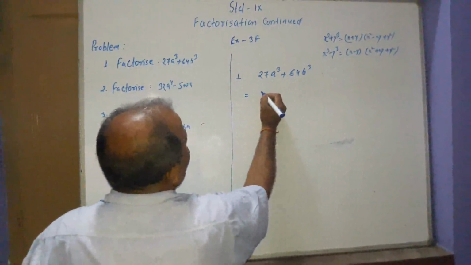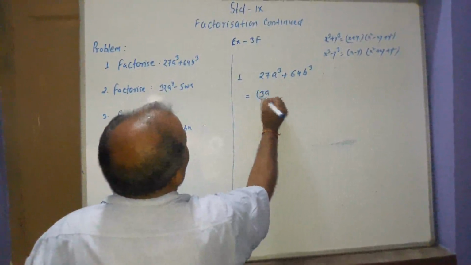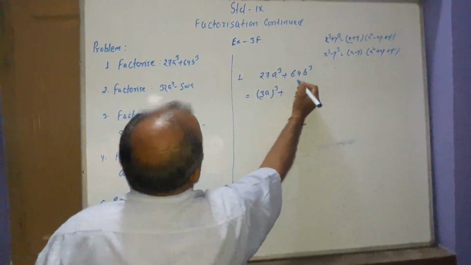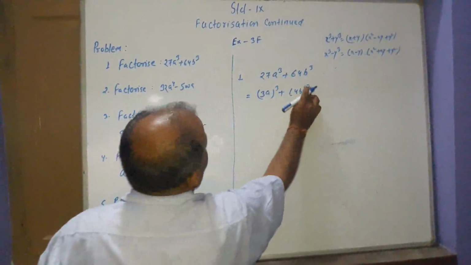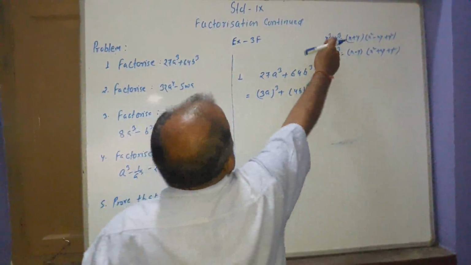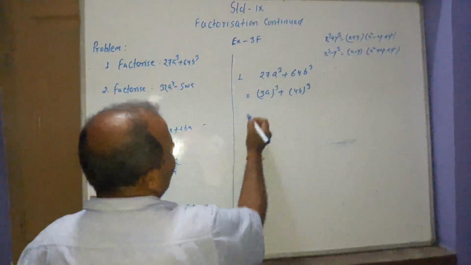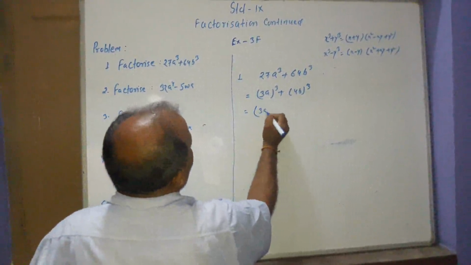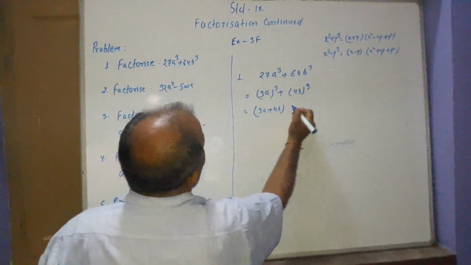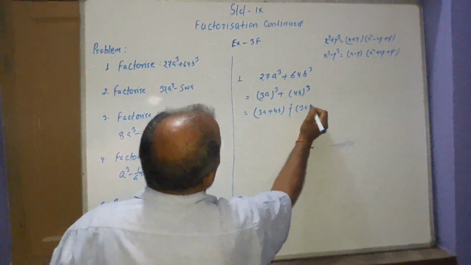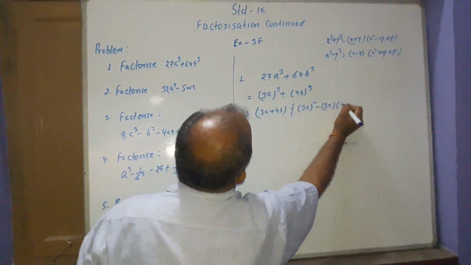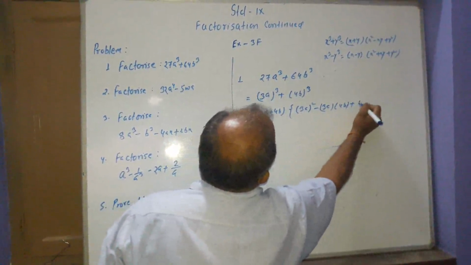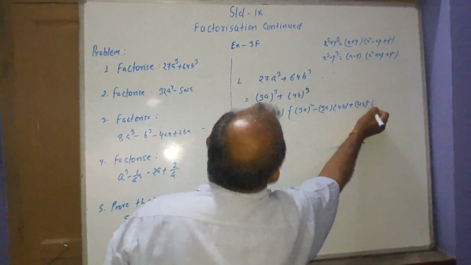27a cube is the cube of 3a and 64b cube is the cube of 4b. Now it is of the form of the first identity. It will be written as (3a plus 4b) into (the square of 3a minus 3a into 4b plus the square of 4b).